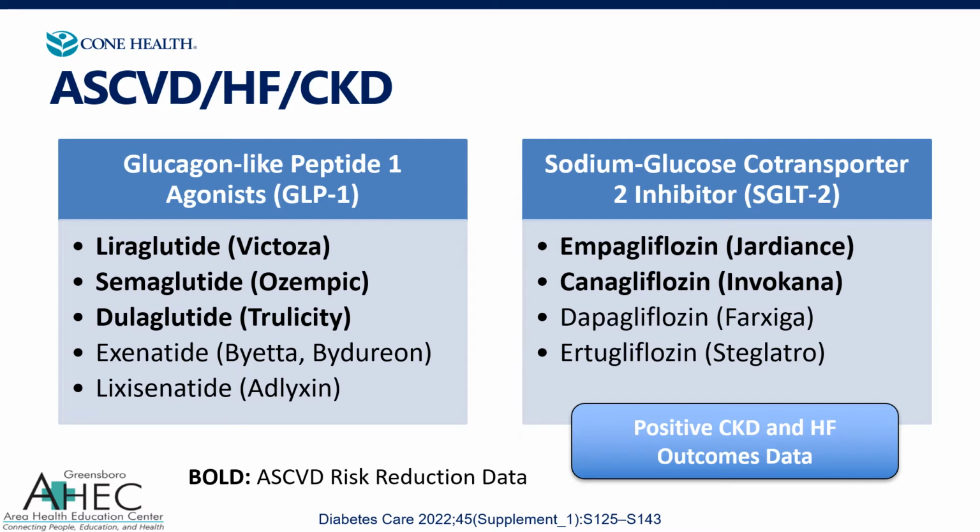The medications that are bolded have clinical trial data showing ASCVD risk reduction, mainly for a MACE outcome, which is defined as a composite of total death, myocardial infarction, coronary revascularization, stroke, and hospitalization because of heart failure. The SGLT2s on the right also have positive CKD and heart failure outcomes data specifically, and we'll go through more of this in the following slides.